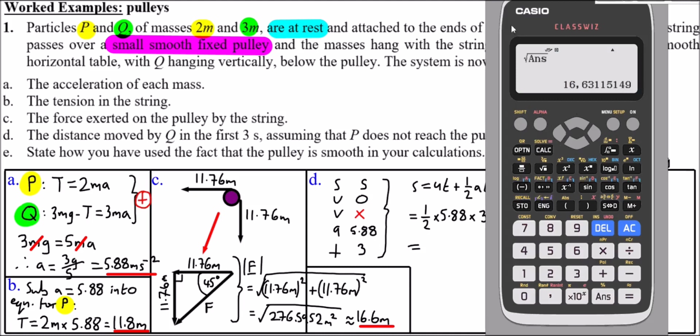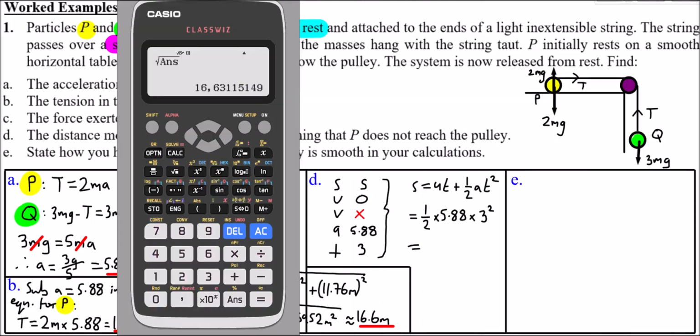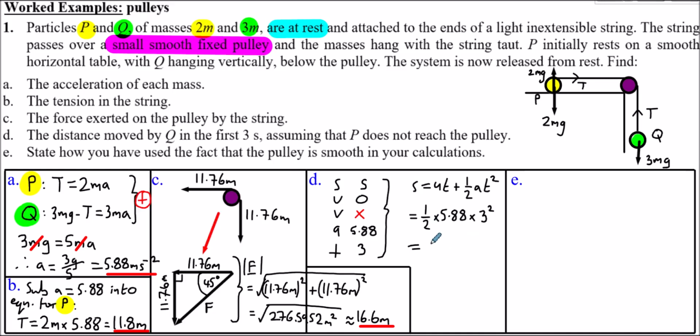Bang this into the calculator and see what we get. So 1/2 times 5.88 times 3 squared, we get 26.46, which to 3 significant figures is 26.5 meters. So that's a very, very long table.